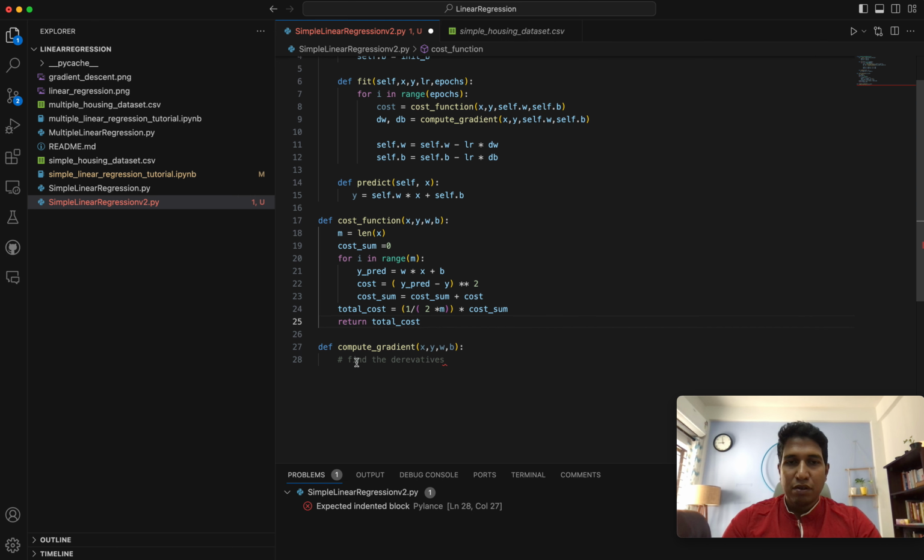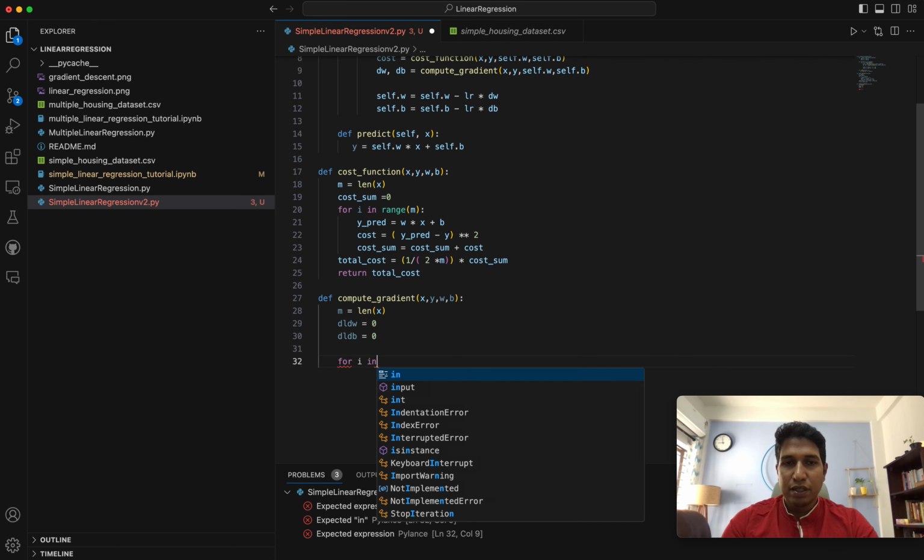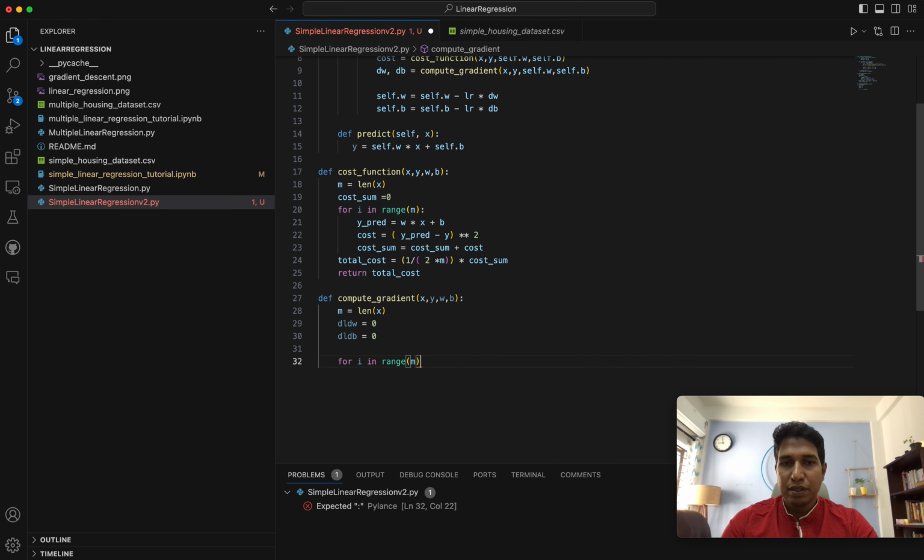Similarly, we are going to compute the gradient, but remember, in the gradient we are trying to find what small step w and b have to take to reduce the cost, right? So similarly, m is equal to len of x. Here dL_dw is the derivative of w, dL_db is the derivative of b, both initialized to 0, and for i in range of m, first let's get the y predict equal to w times x plus b.